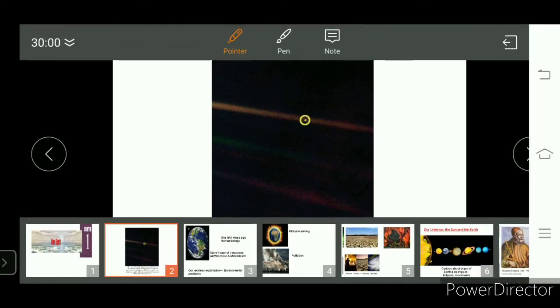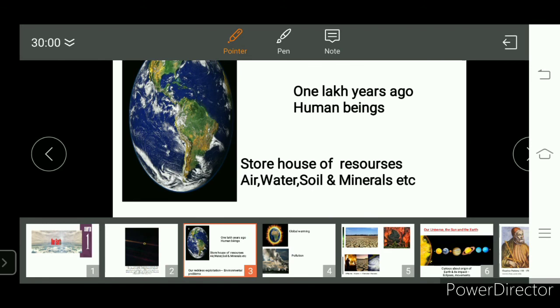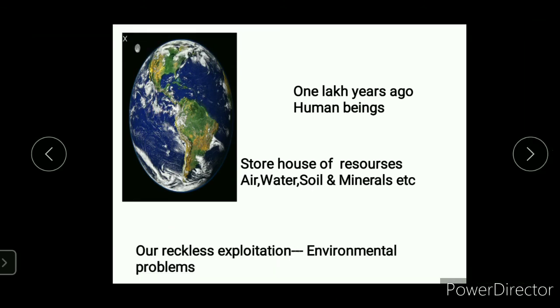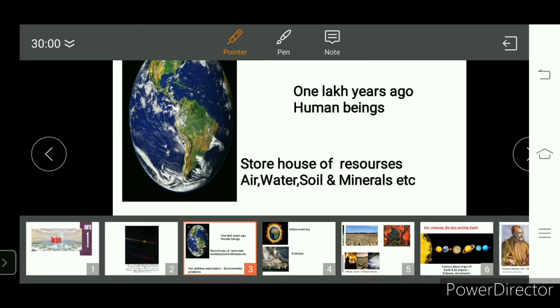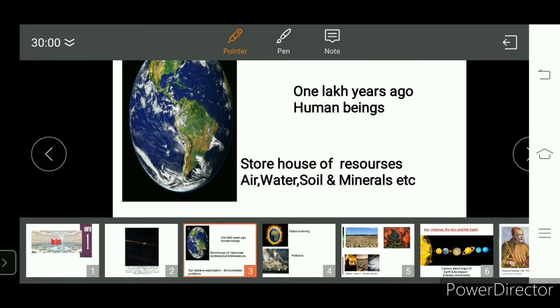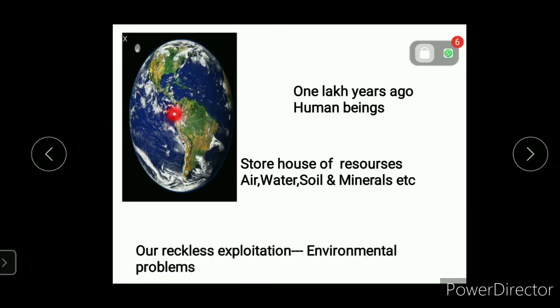Still, we'll know many more things, and we want to know how this beautiful planet Earth is supporting our life, and we are the product of this Earth. Whatever changes take place in the universe, by those changes we arrived on this earth.